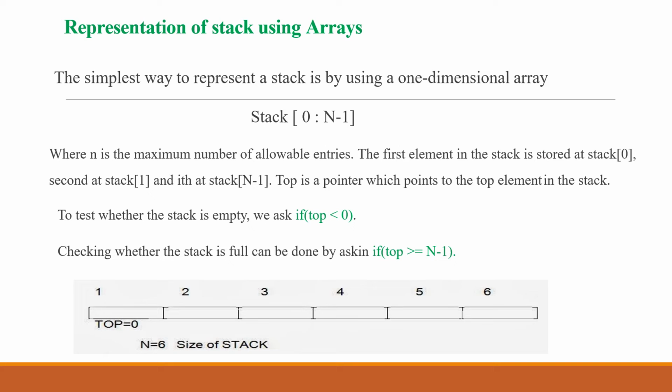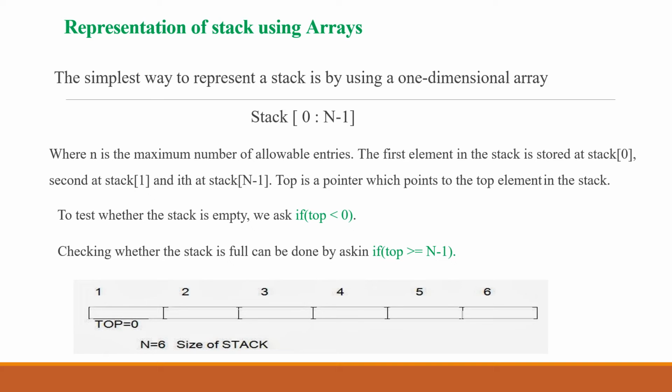In the representation of the stack using arrays, we have to check two conditions. The first condition is when the stack is empty, and the second condition is when the stack is full. To test whether the stack is empty, we check if top is less than 0.